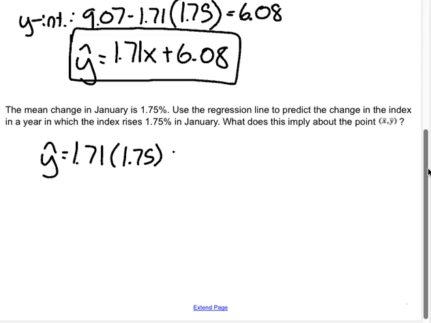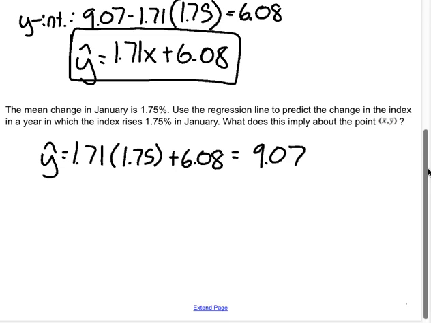Okay? So I plug that 1.75 into my calculator. So 1.71 times 1.75 plus 6.08. And it gives me a change of 9.07%.